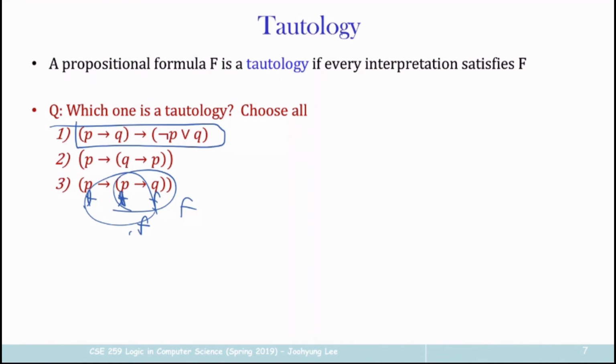Now let me ask you this question. What would be an easier task? To check that the formula is a tautology or to check that the formula is not a tautology? Which one is easier? Not? Who said not?